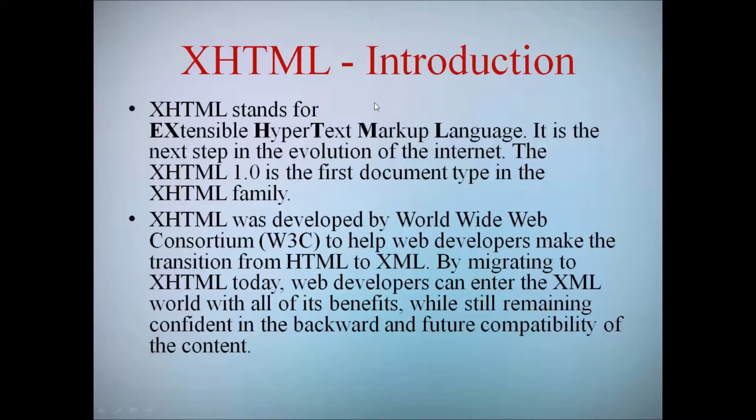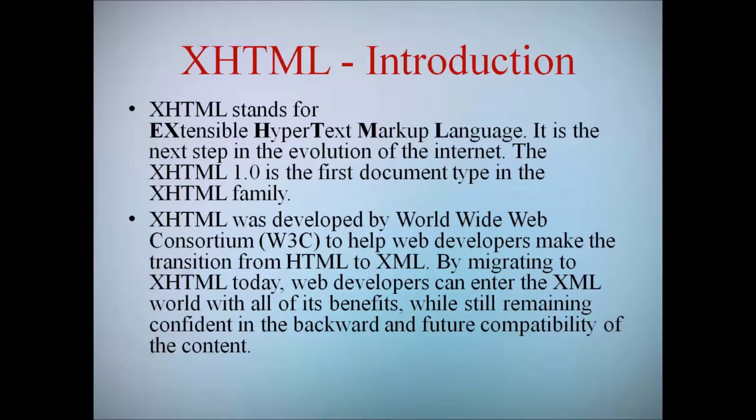So the introduction of XHTML. XHTML stands for Extensible Hypertext Markup Language. It is the next step in the evolution of the Internet. XHTML 1.0 is the first document type in the XHTML family.